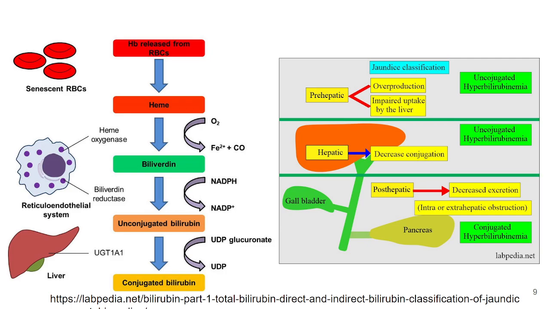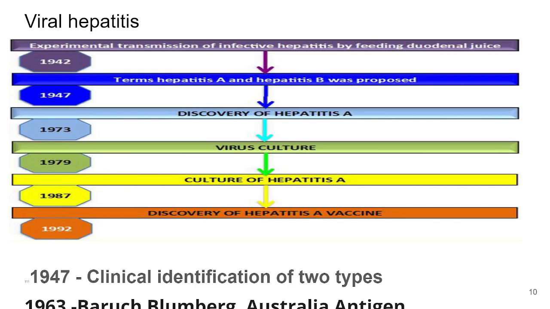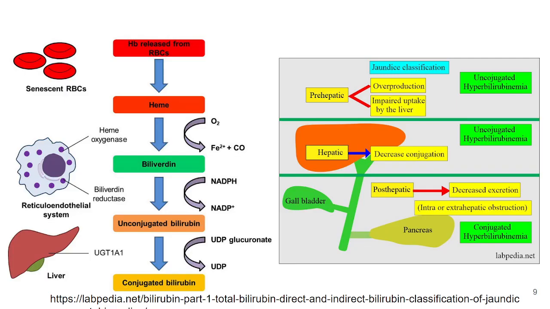So that interpretation of the liver function test is important. Of course, the albumin is mainly to assess the synthetic function. If the albumin level is reduced, that suggests the synthetic function is affected in the liver.